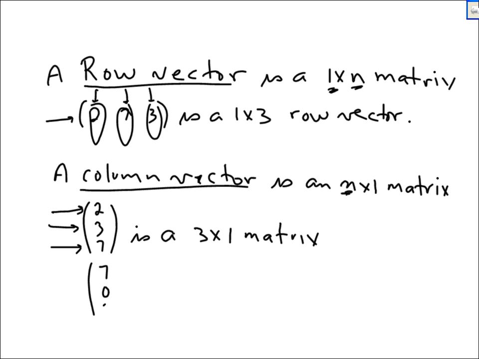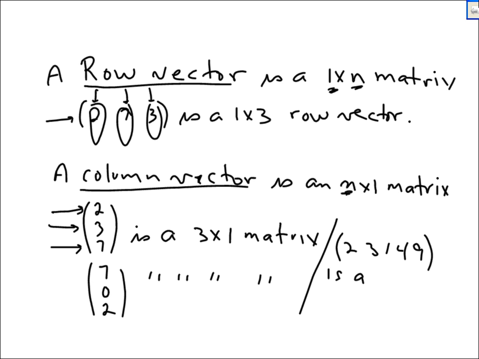7, 0, 2 is a 3 by 1 column matrix. This matrix here, 2, 3, 1, 4, 9, has one row but 5 columns. Column 1, column 2, column 3, column 4, column 5.